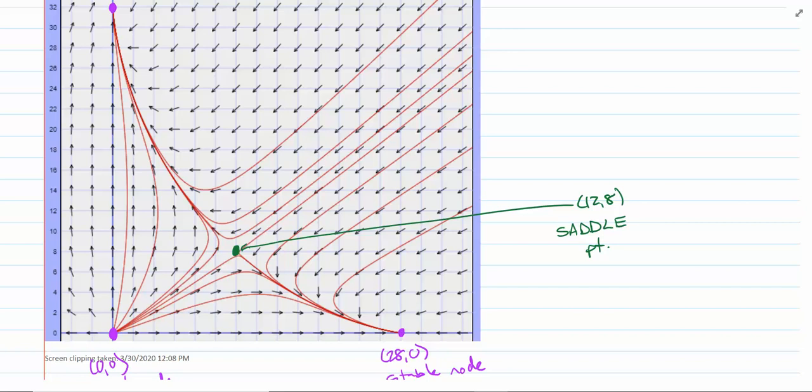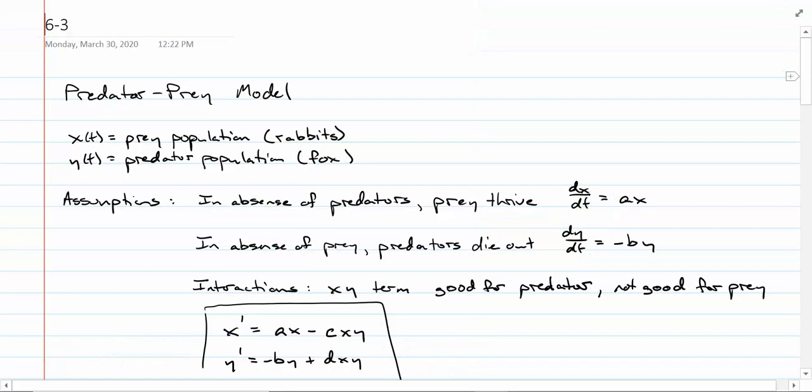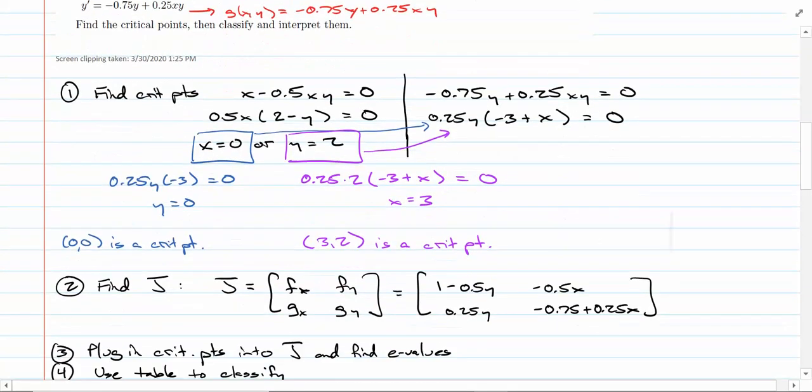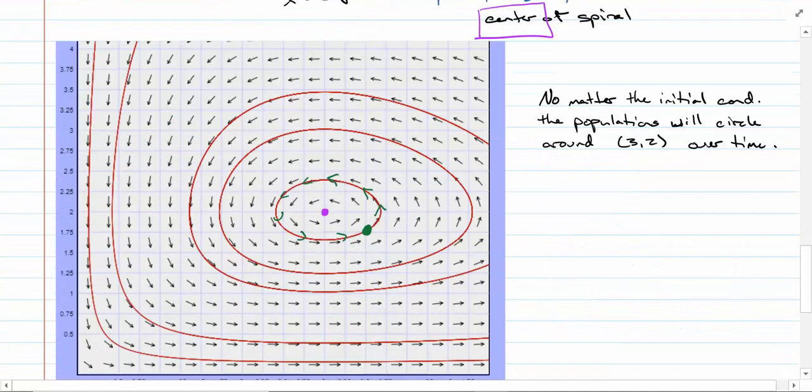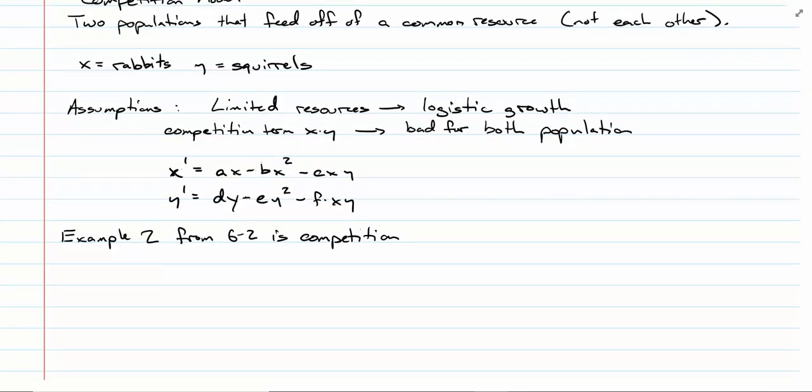So what I want to do is revisit that graph, now with the understanding that x and y are representing populations that are changing over time, and we'll get an idea of what that means for the long term. What's going to happen to the rabbits and the squirrels over time.